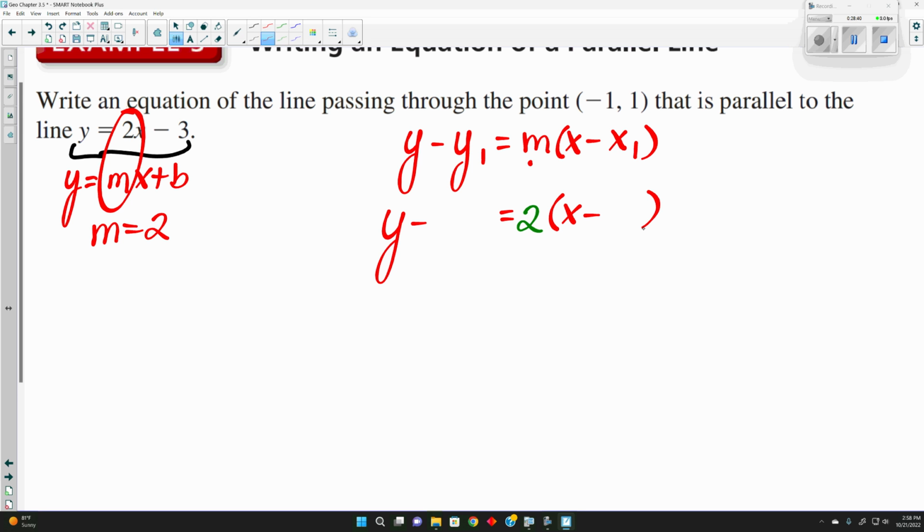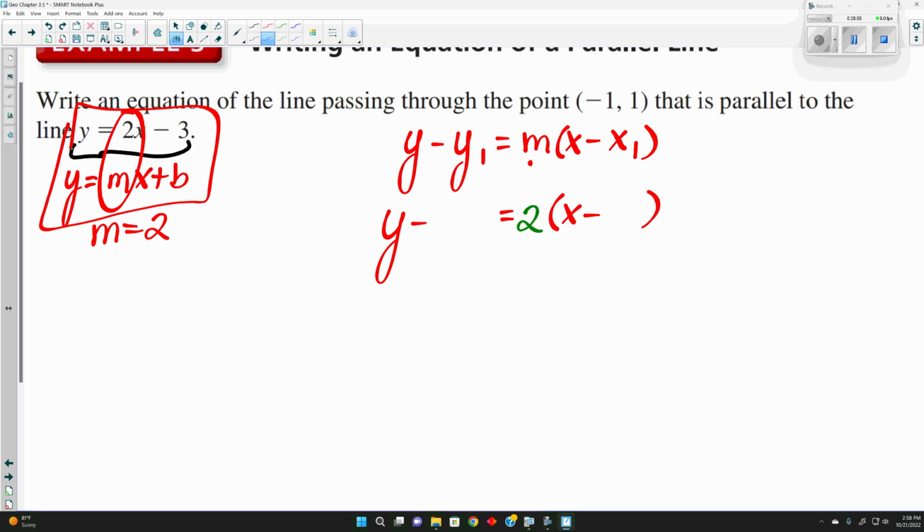Questions on how we found the slope of our new line? So b is -3, but here, the only thing we care about is these two lines being parallel, yes? So I find its slope. After that, we don't care anything else about that line. We just want its slope.